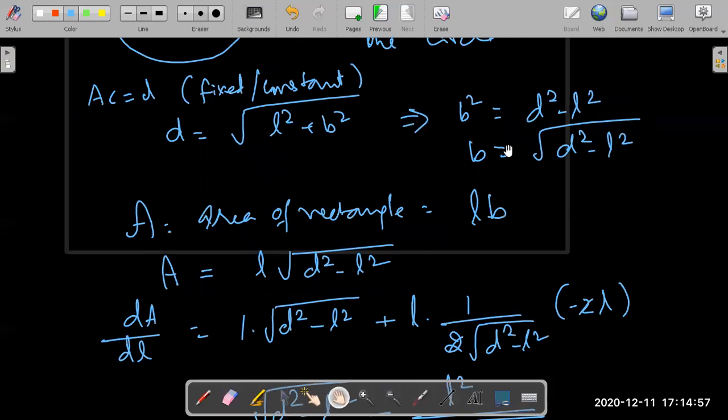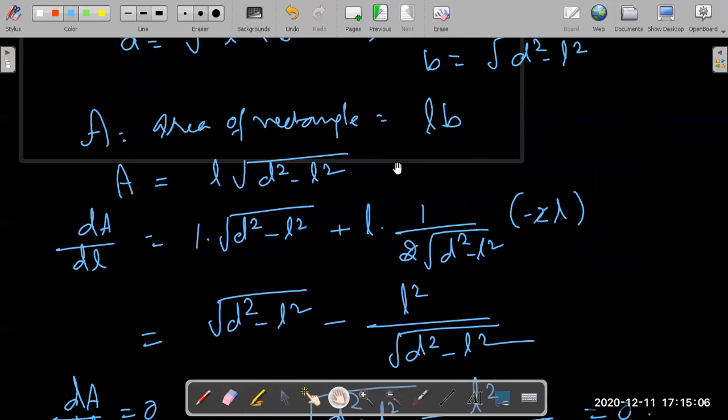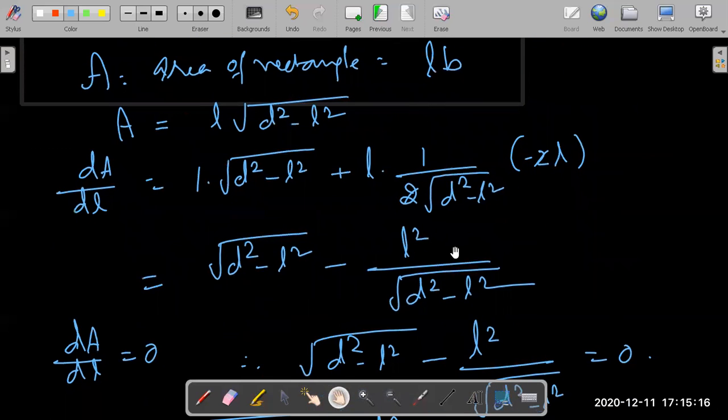L into B is the square root of D squared minus L squared, this is correct. So this is also correct, 1 by 2 root D squared minus L squared into minus 2L. So the 2 gets cancelled, 1 by 2 root, and this is minus 2L.